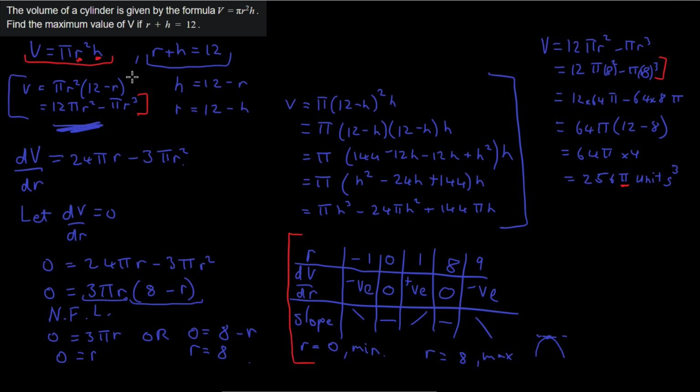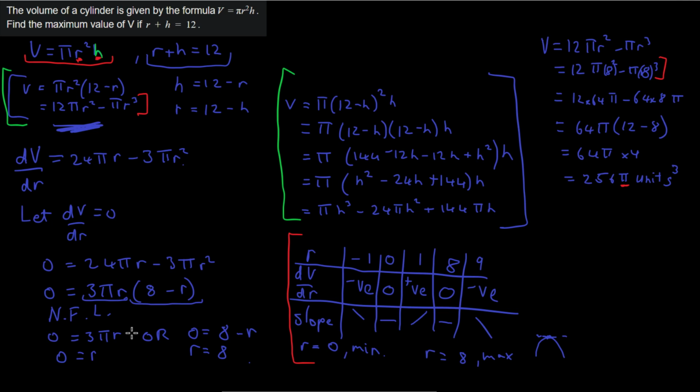So this is an optimization problem where you're given two equations. The red one, you need to find the maximum of. The blue one, you need to rearrange and sub into the red one. We had two options. We could either sub in r or we could sub in h. Subbing in r is a bit of a bigger process. Sub in h because h is just this single value on its own. It's very nice to use.